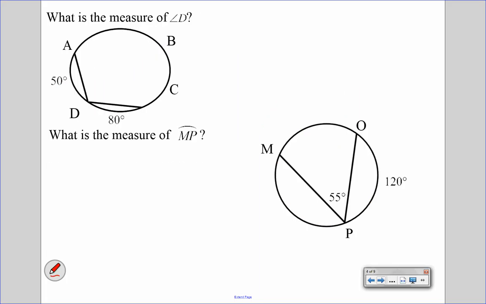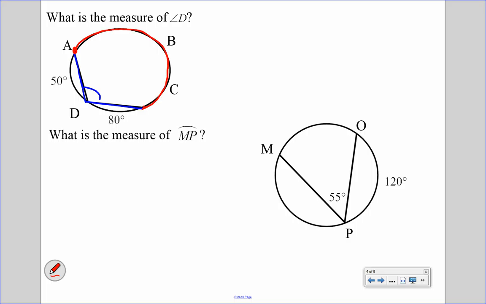This time I just give you different pieces. So this is where it starts getting into the puzzle work for these circles, okay? So I'm asking you for the measure of angle D. So I am looking for this angle right here. We need to find that, but we need to find its arc to find the angle.